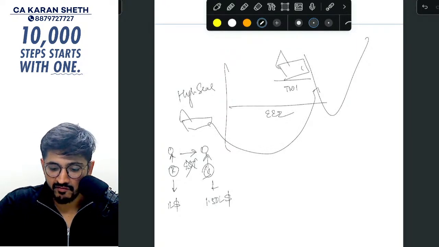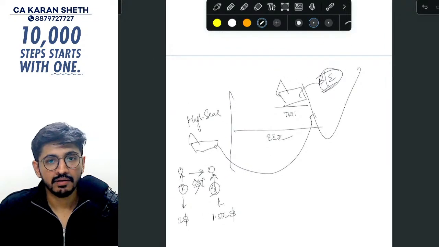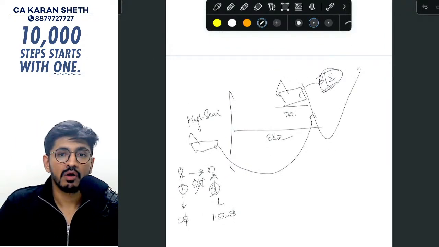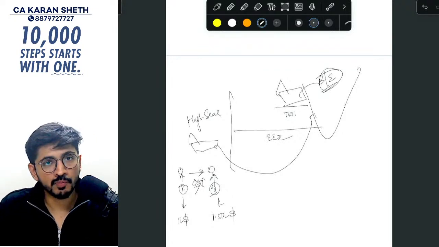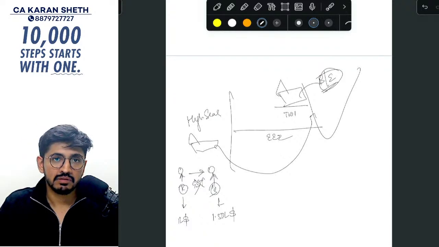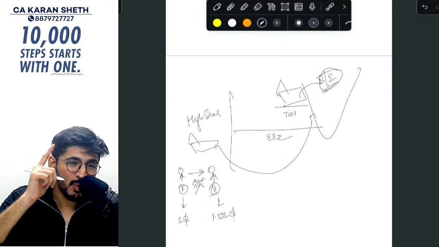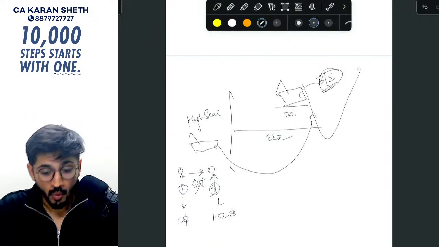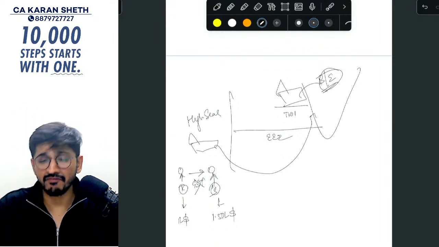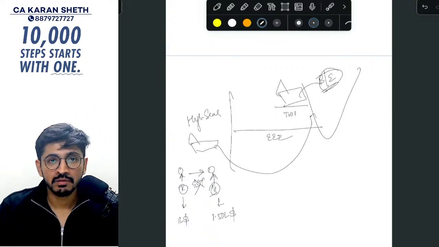Now Smith, let's say for example, okay, brings it all the way to the port. Okay, and he files the bill of entry for home consumption. Correct? He files the bill of entry for home consumption. Now, who is supposed to pay the duty? Smith. Question is, the BCD, let's say it's 10%, it will be charged on what? 1 lakh or 1,50,000? It will be 150.